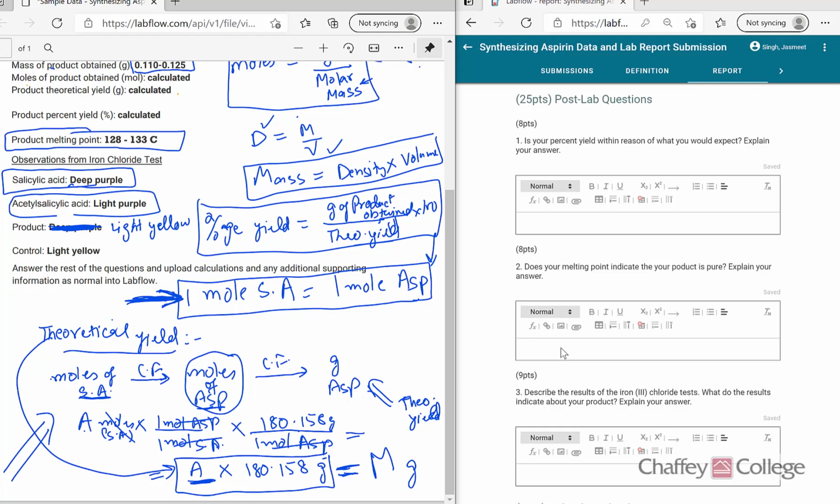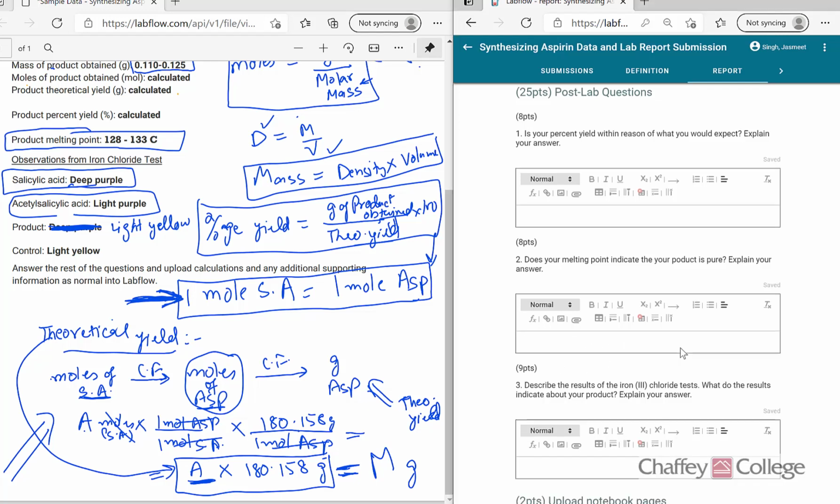If pure aspirin's melting point is 130 and yours is also 130, then your product is pure. A slight difference is still okay, but imagine if the pure melting point is 152 and yours is 132, that means it's not pure. That means there are some impurities. So explain based on that reasoning.